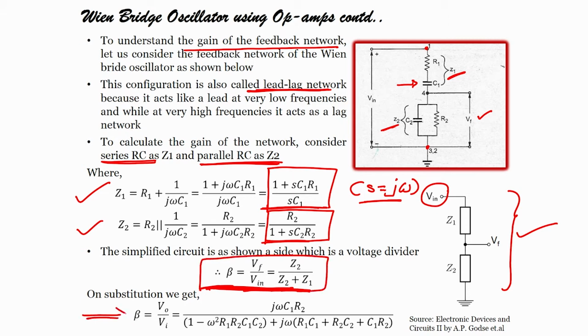Beta equals Vo by Vi. I substitute these values and then I substitute j omega instead of S, wherever S is there. So, what will I have?